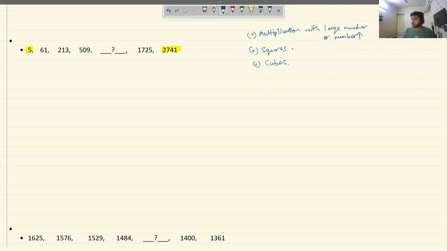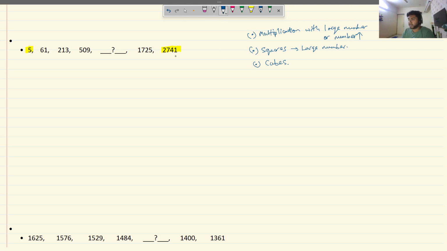Even if squares, it will be squares of large numbers. Let's try to identify the pattern over here. What pattern is it following?